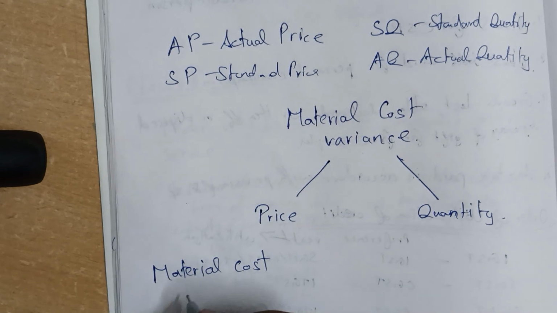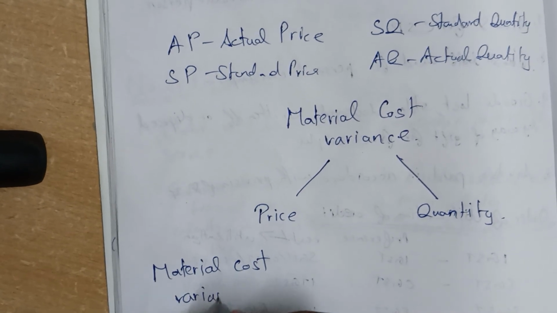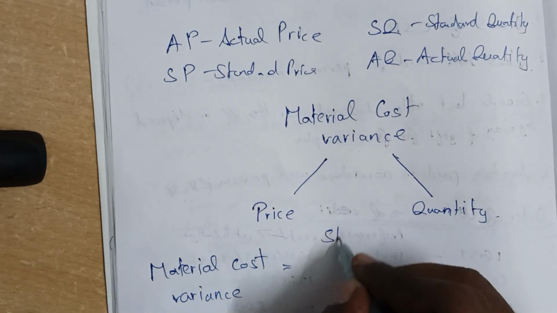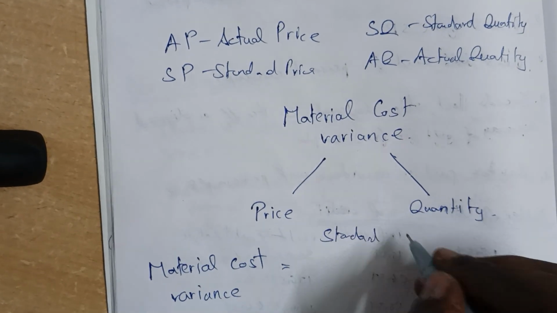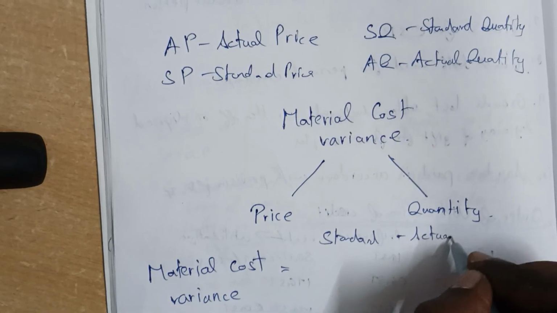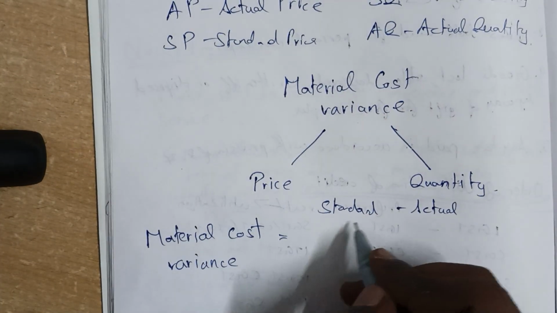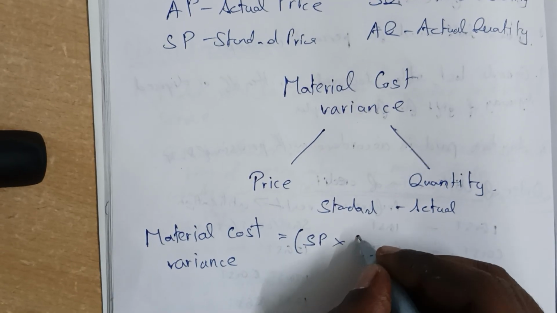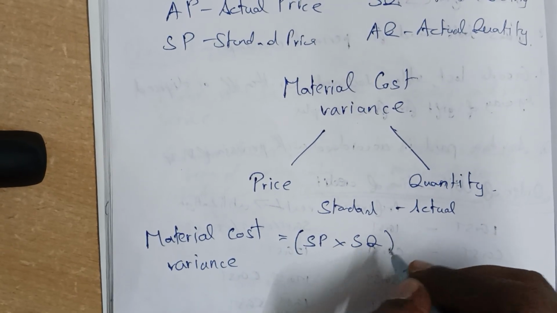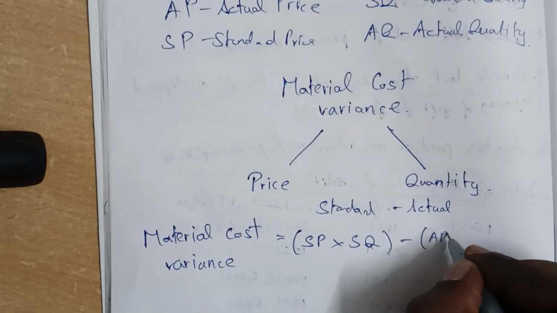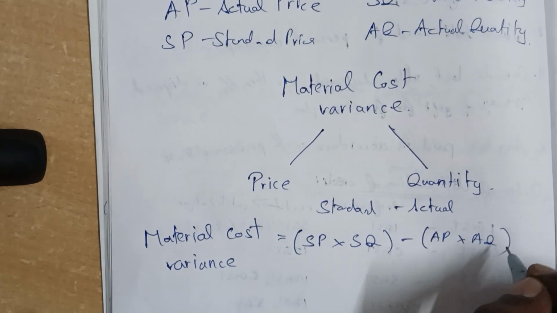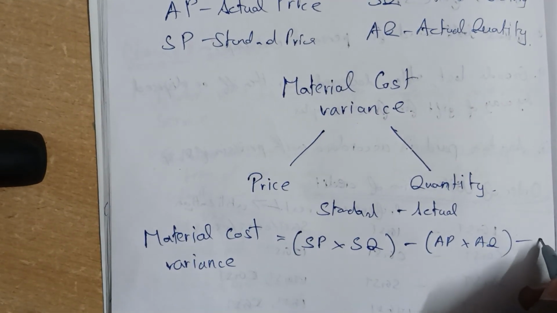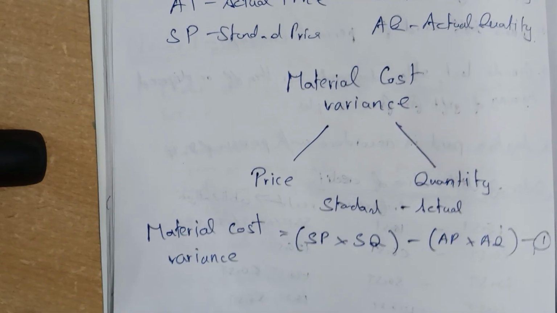All other things are just subheadings of it. So material cost variance is equal to standard minus actual. It's another important one. Standard minus actual. Standard would be your standard price into standard quantity minus actual price into your actual quantity. This is the first formula that is applicable to any form of sums. This is the first and the most important.